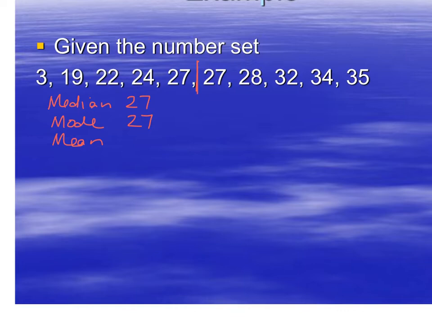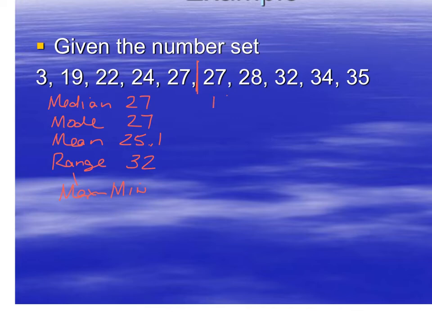Divide that by 10 numbers, and your mean would be 25.1. One other statistic that we have not talked about is range. That's simply your maximum minus your minimum. So in this case, 35 minus 3, that range would be 32.